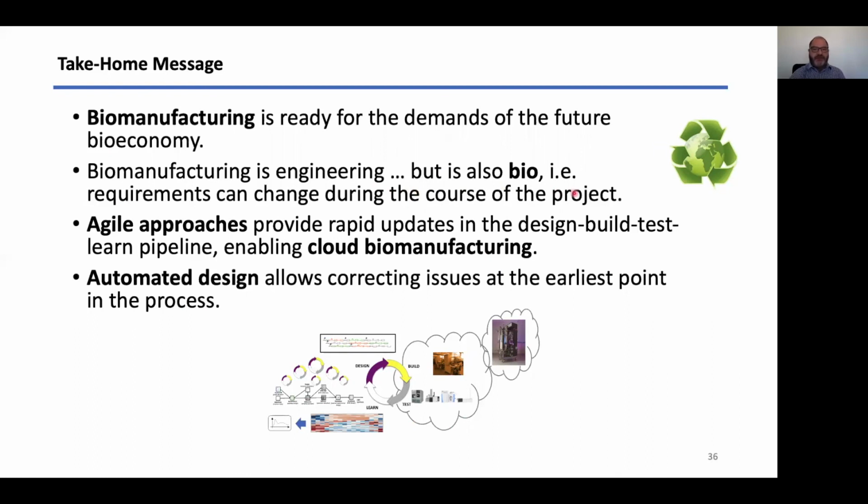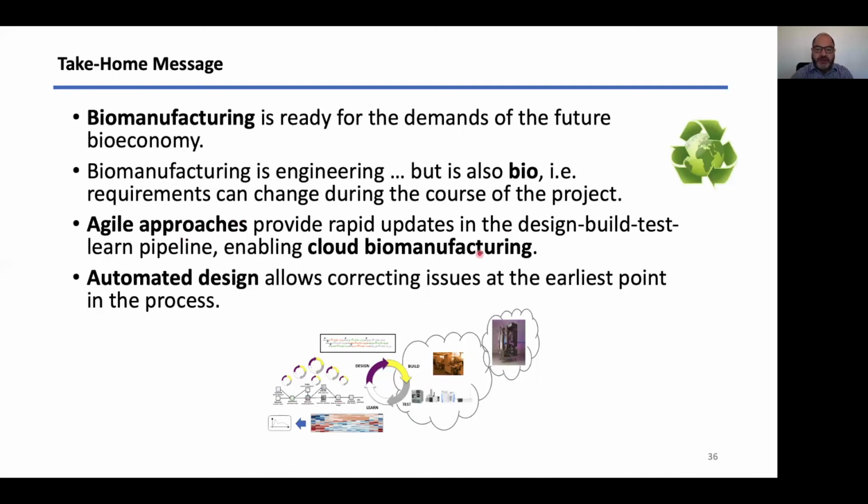That's why I like to say smart biomanufacturing in the way that we design these processes, because there's a lot of challenges. And that's why people generally say that we need to have an agile approach so that we can readapt as we find new challenges, and also cloud biomanufacturing.